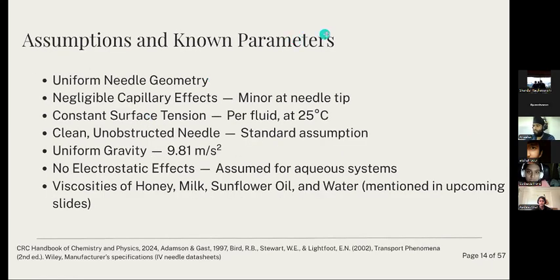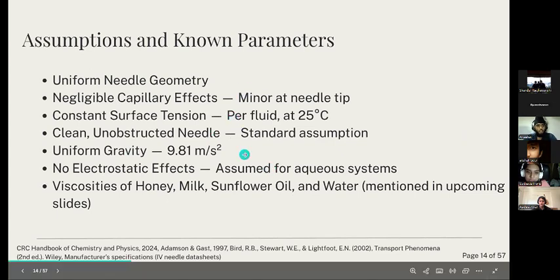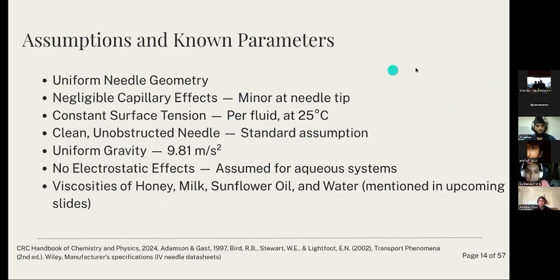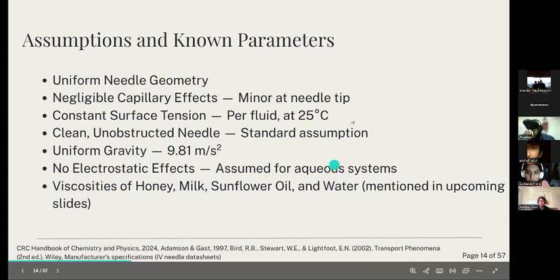We assume that the needle has uniform geometry and negligible capillary effects as well. We assume that the setup has constant surface tension and that the needle is clean and unobstructed. We also use g's value as 9.81 meters per second squared. And we also disregard any electrostatic effects. And the viscosities of honey, milk, sunflower oil, and water are mentioned and will remain constant as well.